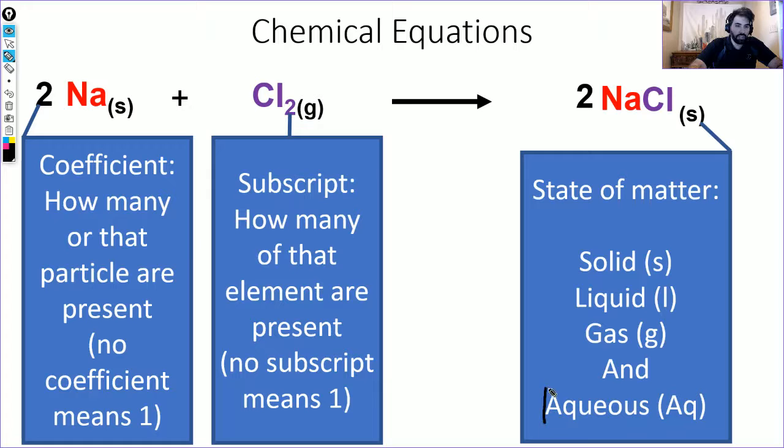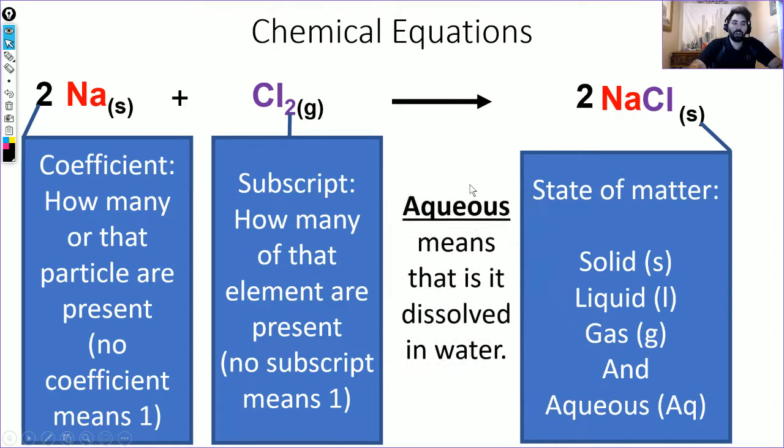And then there's a new one here called aqueous. Now we haven't really talked about aqueous yet, but I think you can guess what it is. Aqueous, or aqua, means water. So if something is aqueous, it is dissolved in water. So it's typically either a gas or a solid that's dissolved in water. I don't think a liquid dissolves in a liquid. They can mix together, but they don't dissolve together.